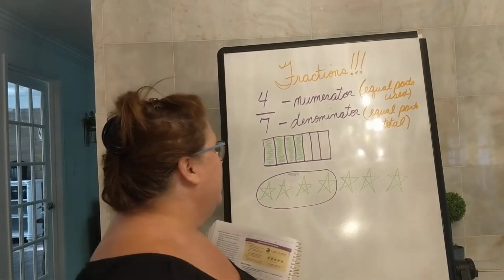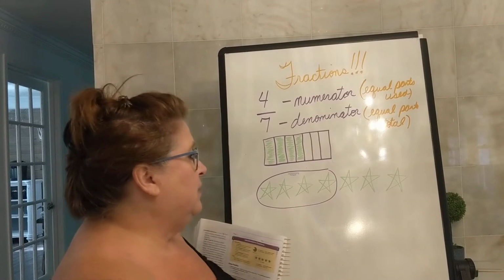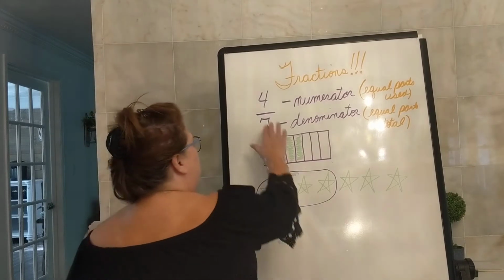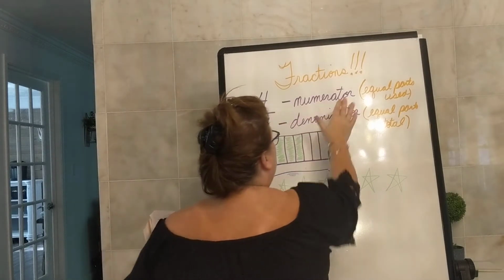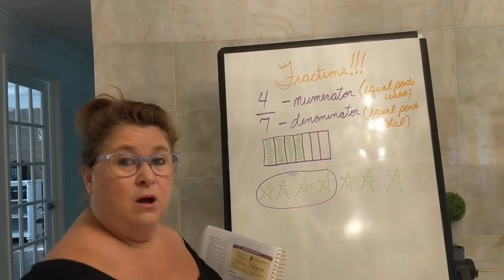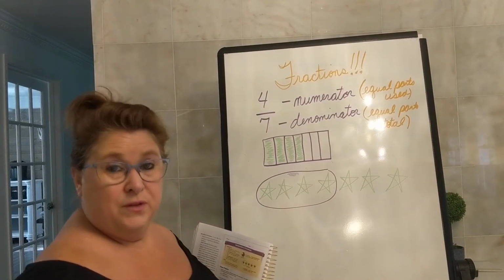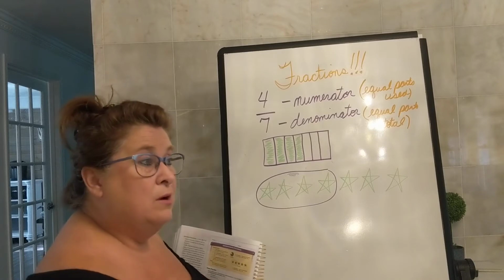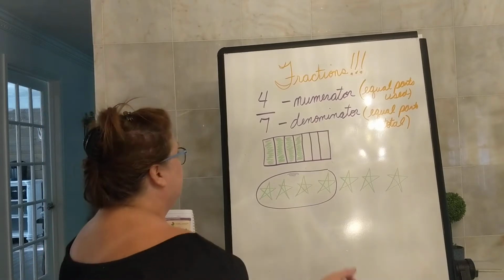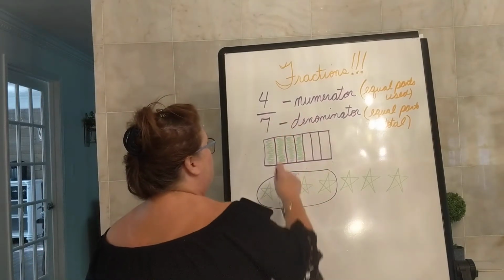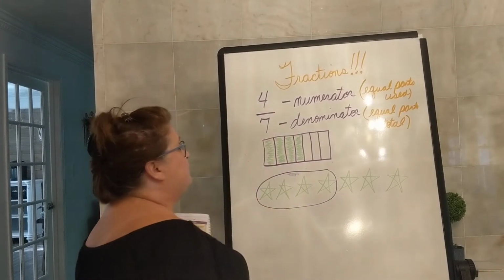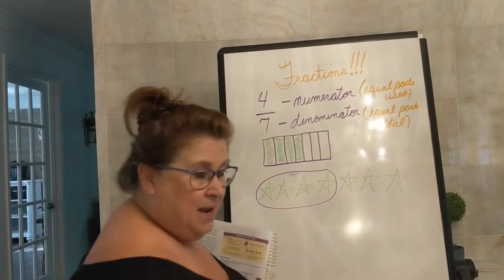All right, so when we have fractions, we know that our top number is called the numerator. I will use that term often, so if you do not know that the top number is a numerator, you need to know that today. The top number of our fraction is a numerator, and the bottom number of our fraction is the denominator.